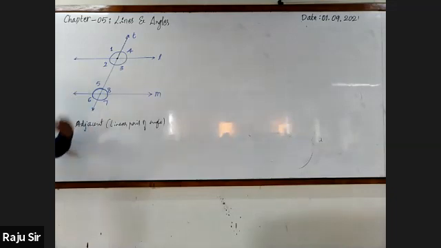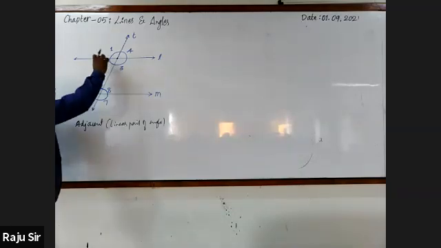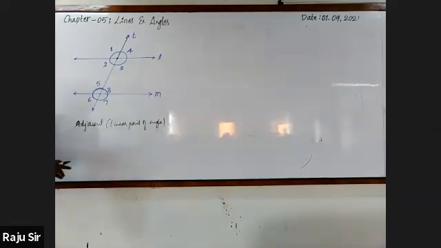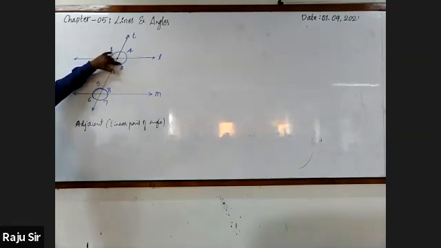Dhanush, what is the relationship between vertically opposite angles? They will be on opposite sides with the common vertex. Of course, it is correct, but I am asking you, what is that relationship? Both are equal.